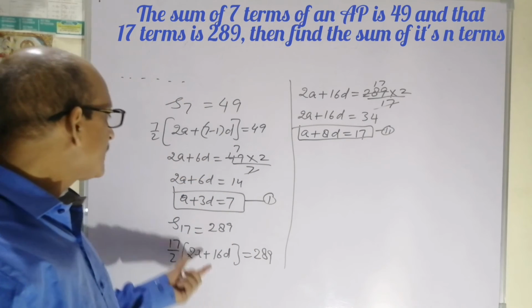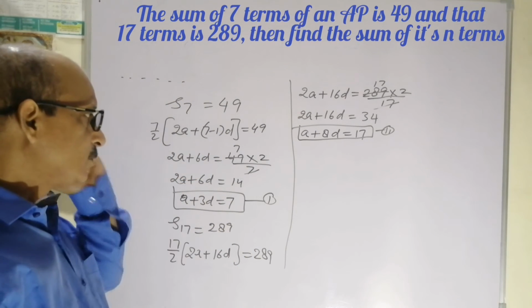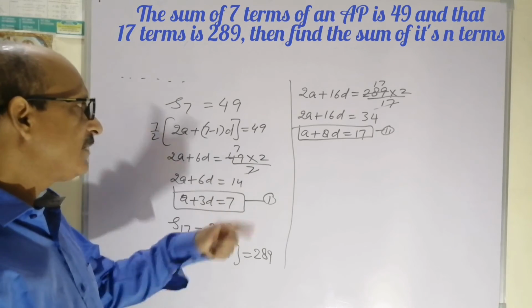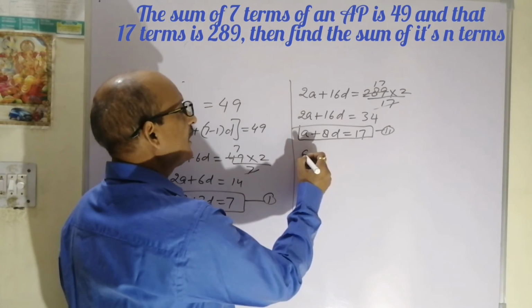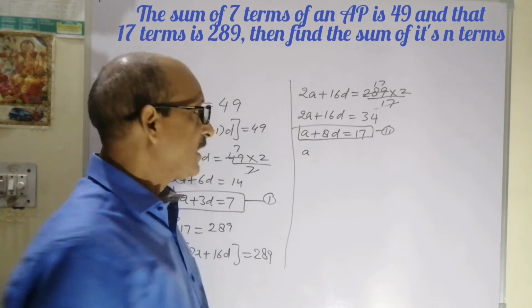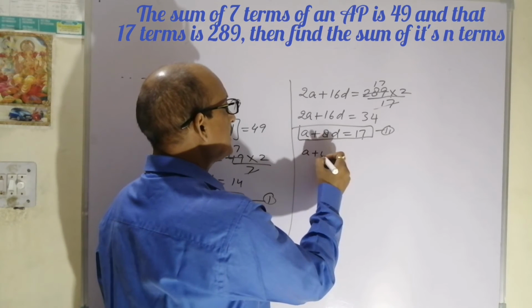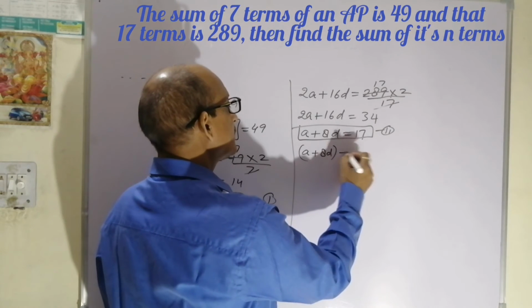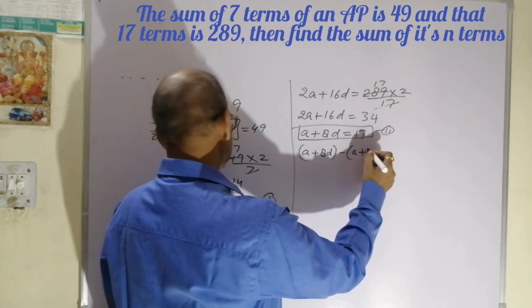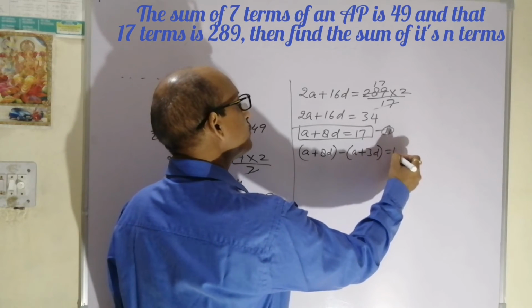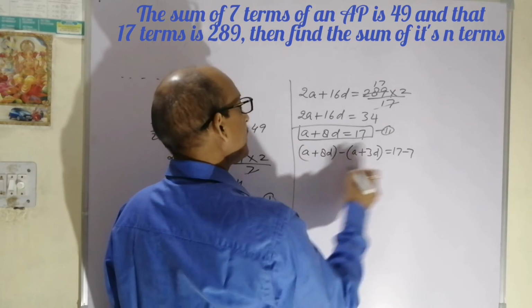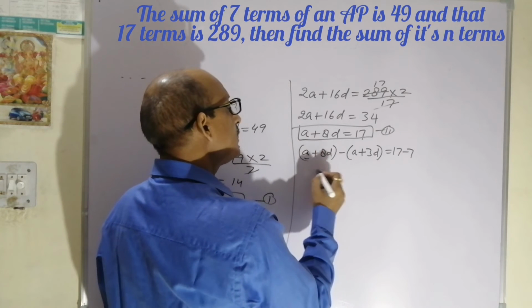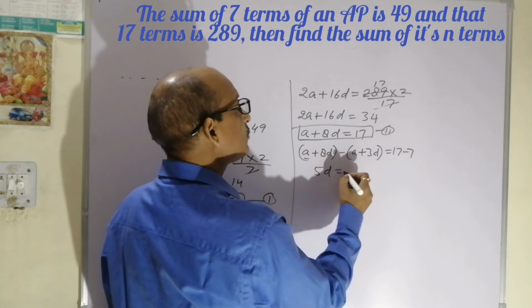Now we'll solve equations number 1 and 2. So subtract equation number 1 from 2, left from left and right from right. So a plus 8d minus a plus 3d is equal to 17 minus 7. So a will be cancelled out, 5d will be equal to 10.